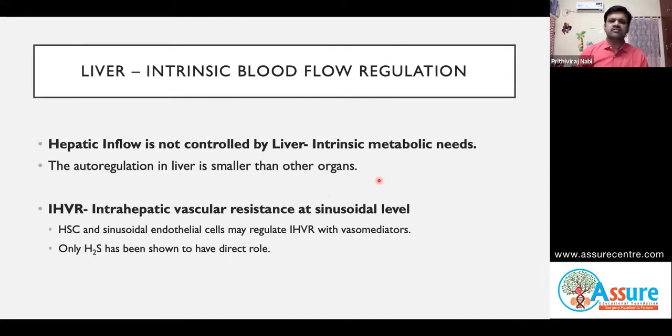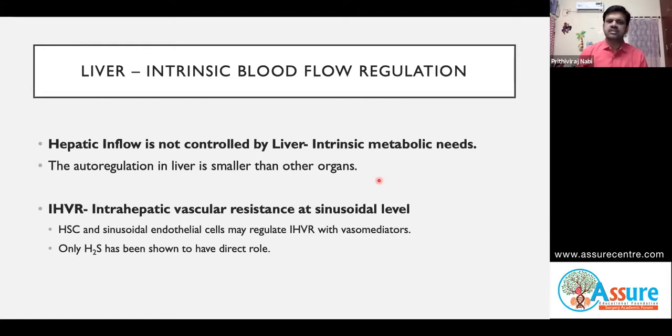For the intrinsic blood flow regulation, apart from the hepatic artery buffer response, the intrahepatic vascular resistance at the sinusoidal level is also important. The hepatic inflow is not controlled by the liver's intrinsic metabolic needs; the autoregulation that is higher in other organs is smaller in the liver, and in fact there is very little change in flow due to the liver's intrinsic metabolic needs.